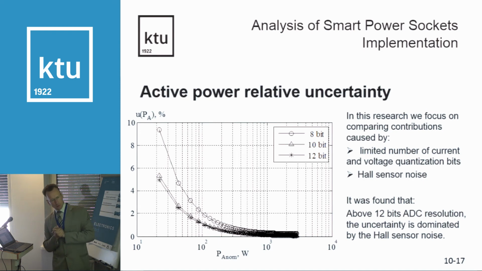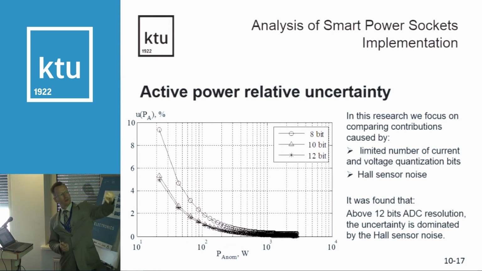This simple chart, drawn by inserting various numbers of bits, 8, 10 and 12, which are ordinary, makes us think that increasing the number of bits above 12 does not give any significant benefit.